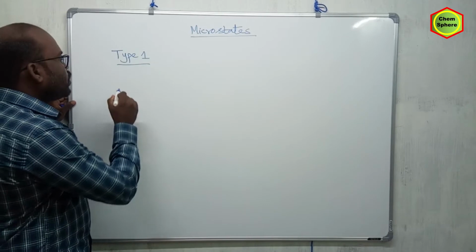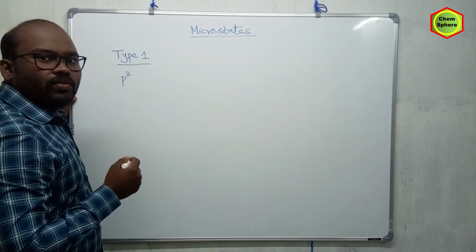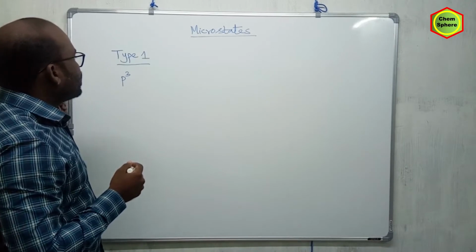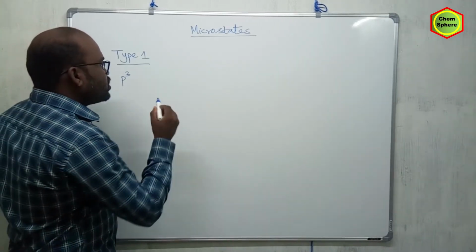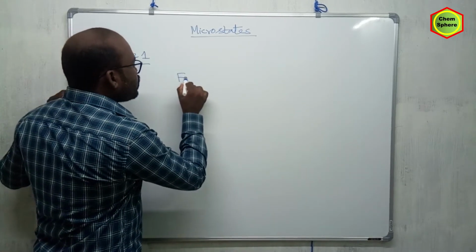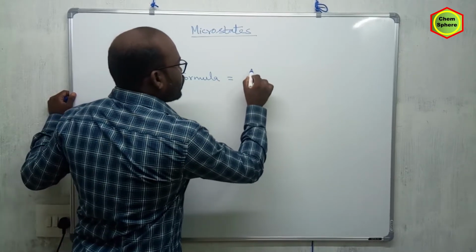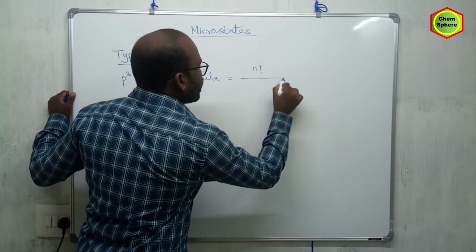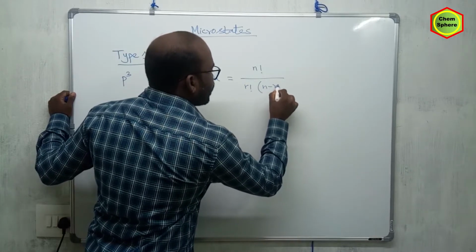Let's take for example, if they have asked for p3 and they have given p3 electronic configuration, what is the total number of microstates? This is the simple formula: N factorial divided by R factorial into N minus R factorial.